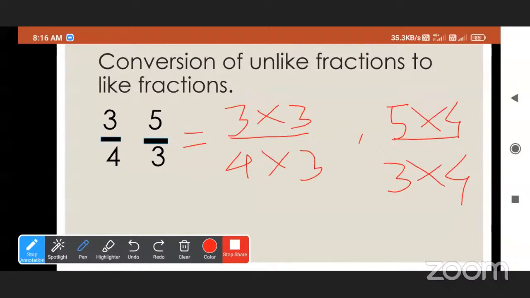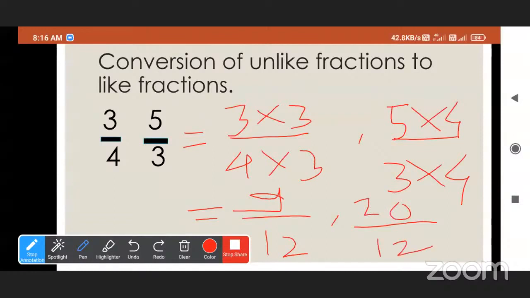This is the denominator of the second fraction, and we multiply 3 by 3 and 4 by 3. 3 3s are 9, and 4 3s are 12. Now 5 4s are 20 and 3 4s are 12.